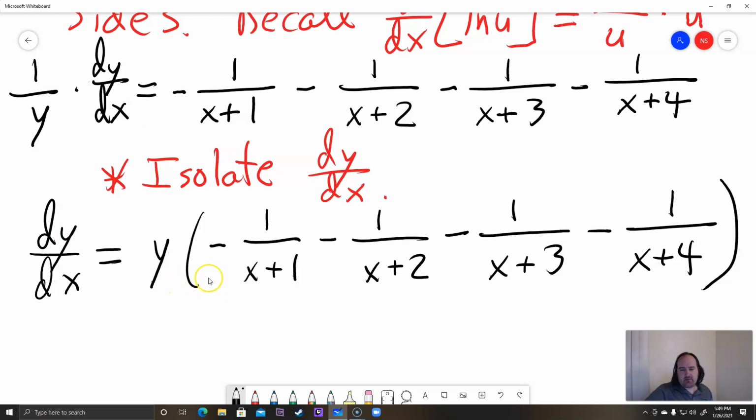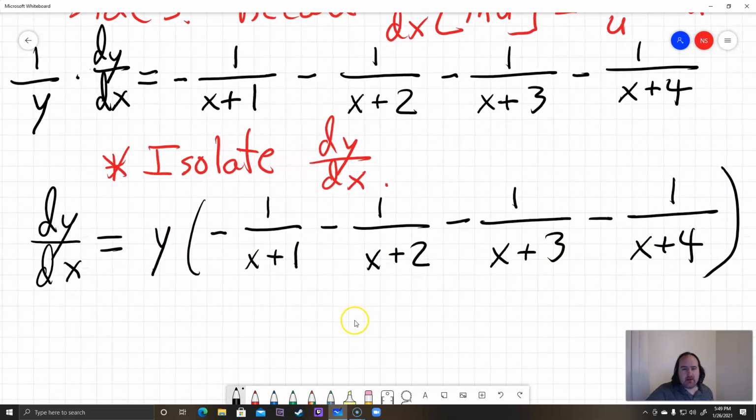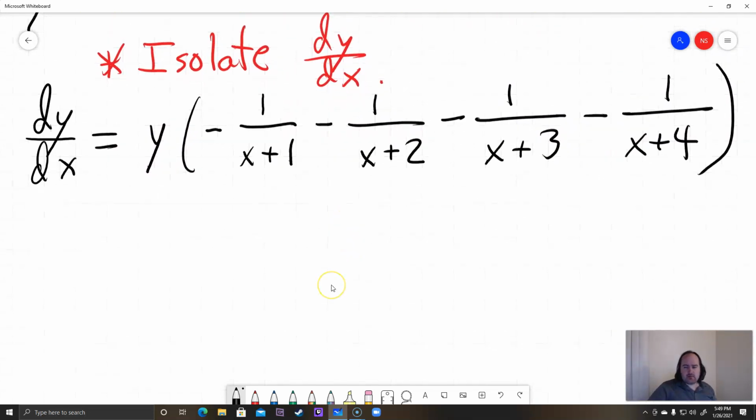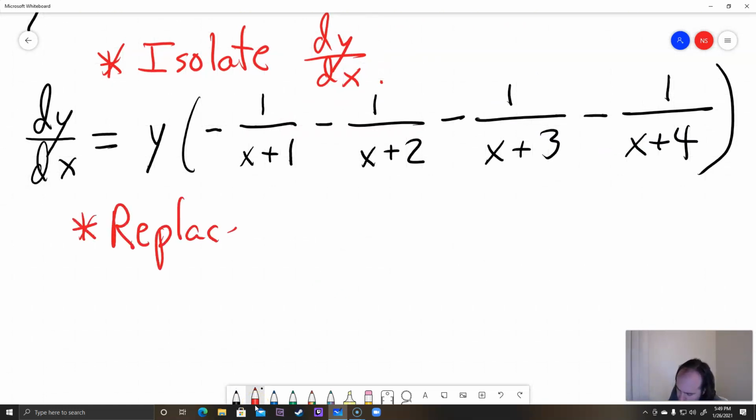So the last step of the problem is to replace y with the original expression that they gave us at the beginning. This is the kind of the cool part, the magical part. Okay, so your last step is replace y with the original expression.